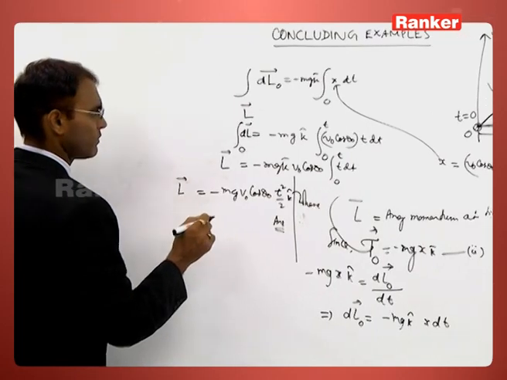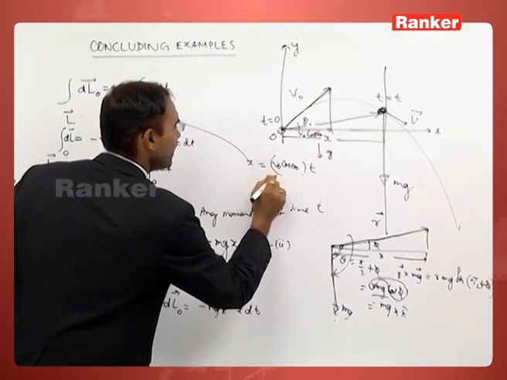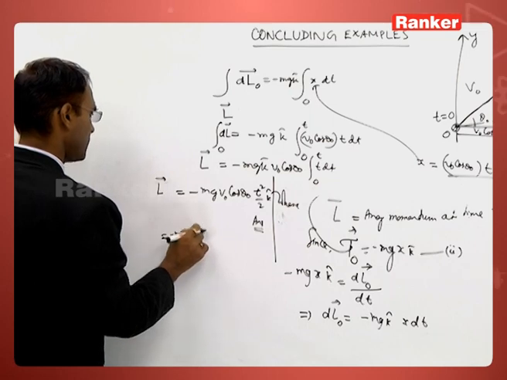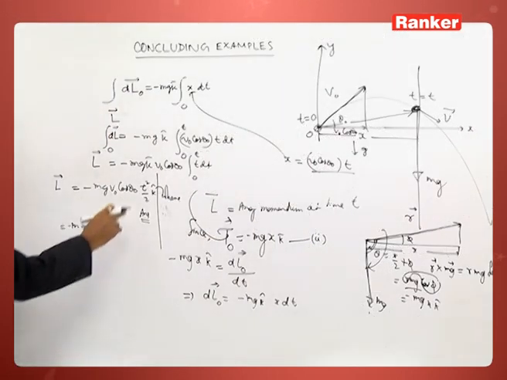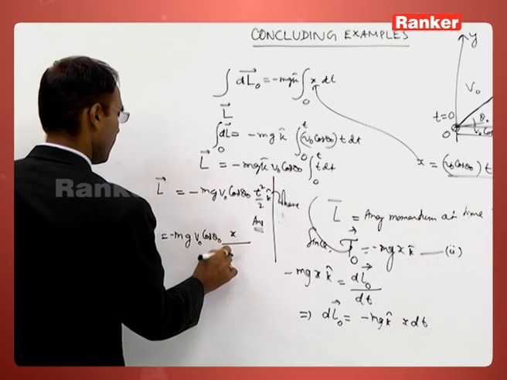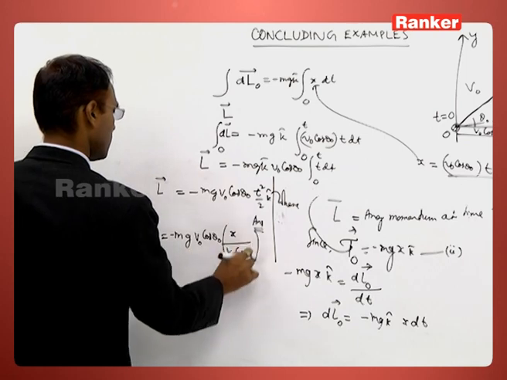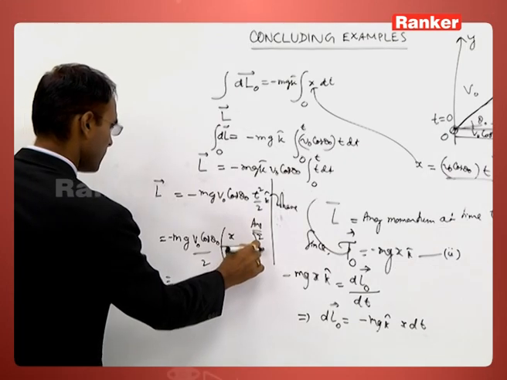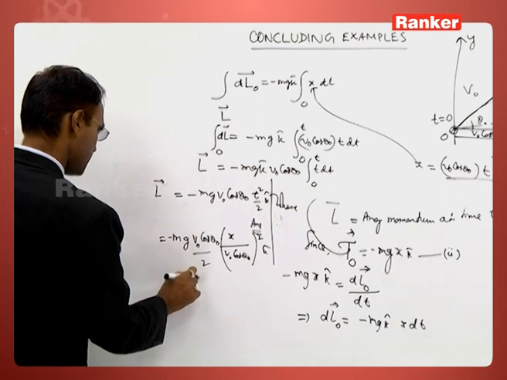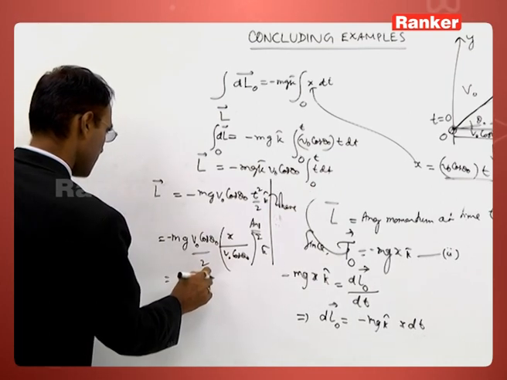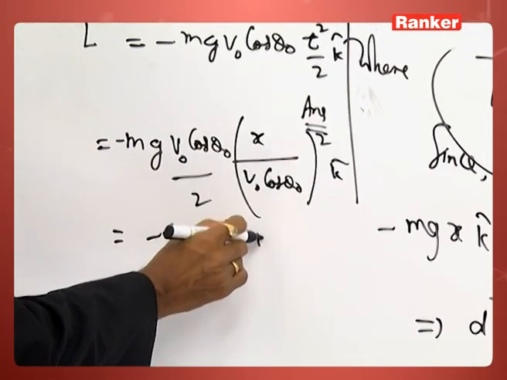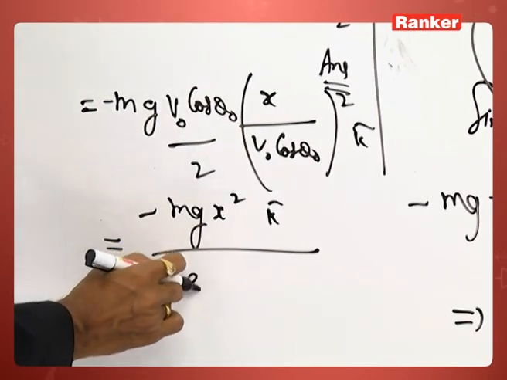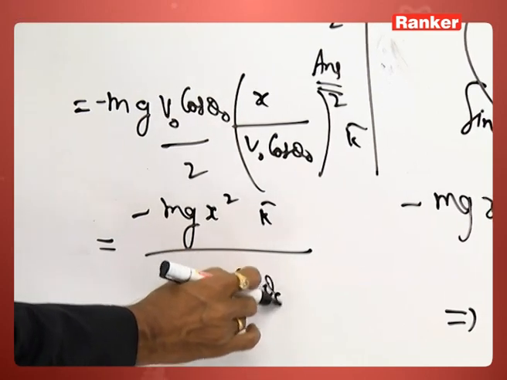And if you substitute v naught cos theta naught into t as x, we can get mg v naught cos theta naught, and instead of t you can put x upon v naught cos theta naught, square by 2, or we are getting minus mg x square k cap upon 2 v naught cos theta naught.